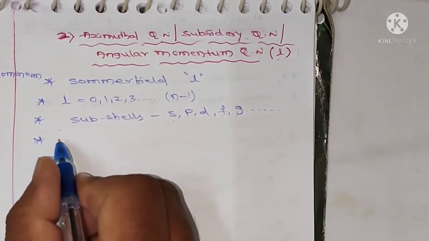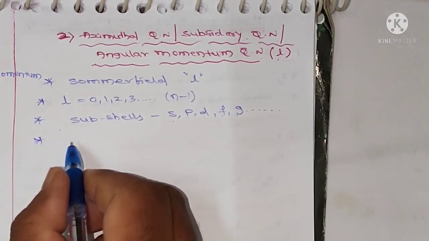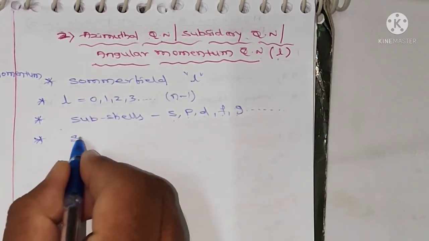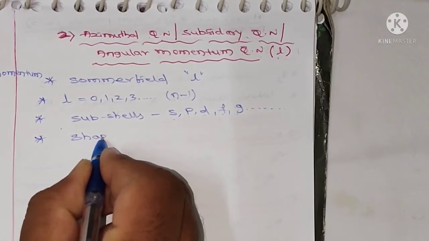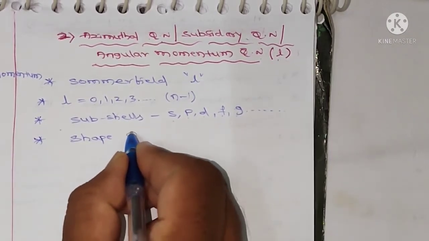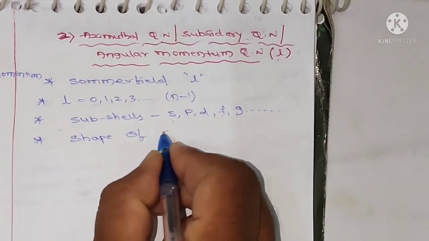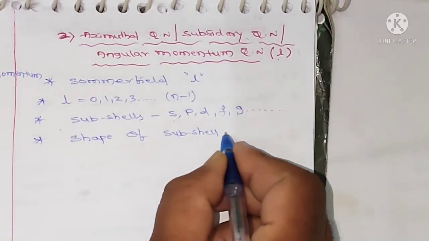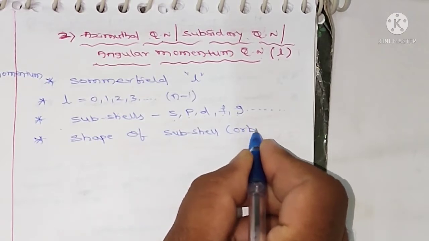It gives the information about the shape of the subshell or orbital.